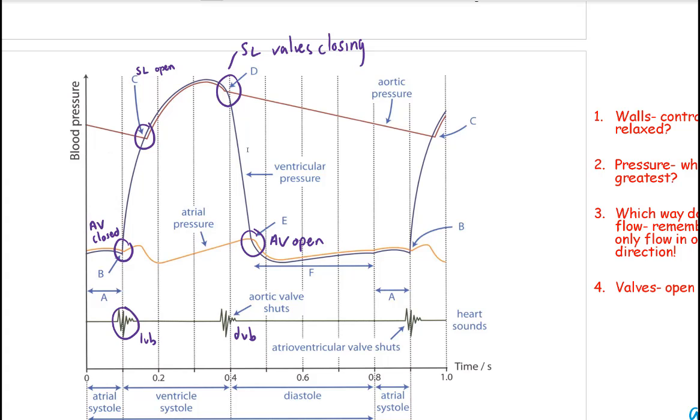So ventricular pressure continues to drop, and during diastole it drops so low that the pressure in the atria, which have been filling with blood, is now greater than the pressure in the ventricles. So the AV valves open and blood starts to flow back into the ventricles.